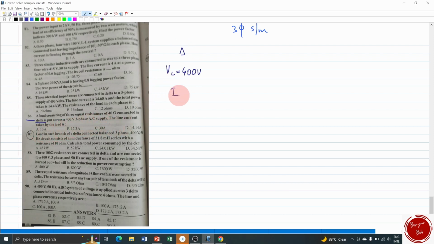We have to get IL, and the load has only resistances in it and it is 40 ohms, isn't it? Okay, so I phase is equal to V phase by R. So it is 400 divided by R is 40.